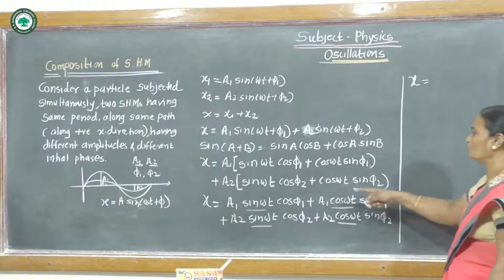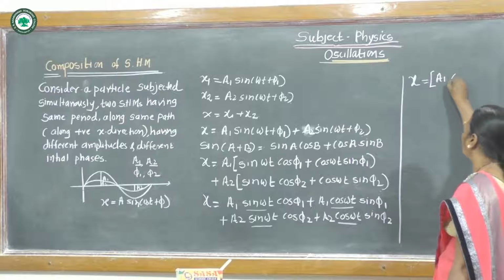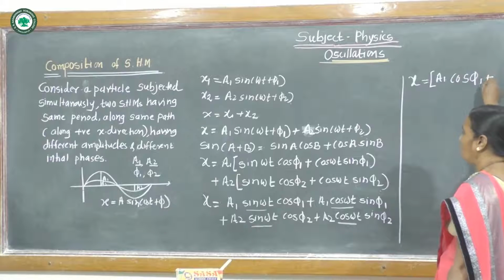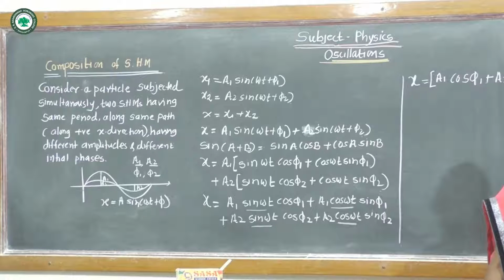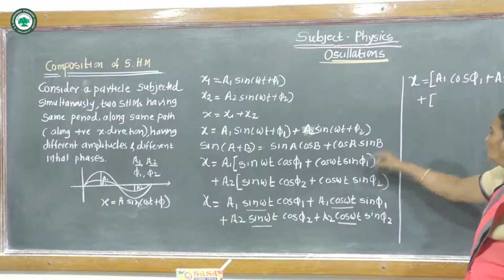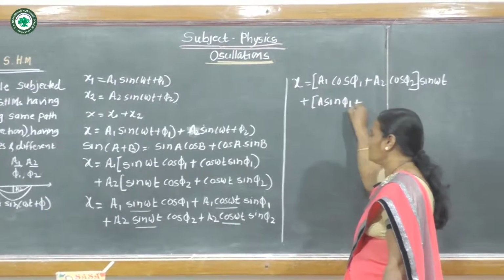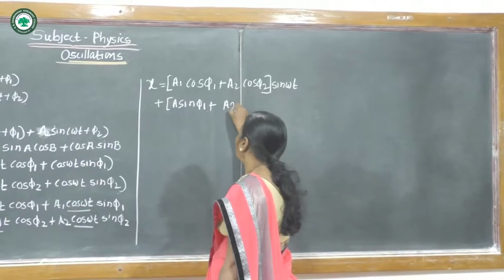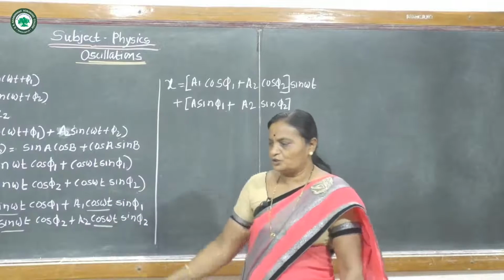Taking sin omega t common, we get x is equal to (a1 cos phi 1 plus a2 cos phi 2) sin omega t, plus, taking cos omega t common, in the bracket we get (a1 sin phi 1 plus a2 sin phi 2) cos omega t.